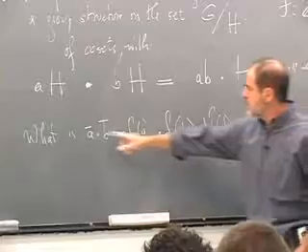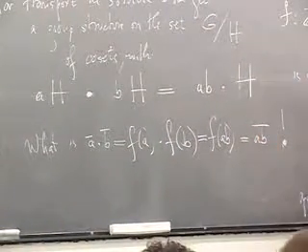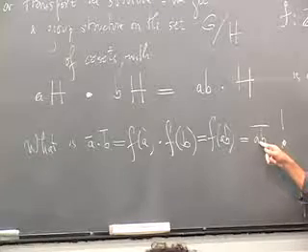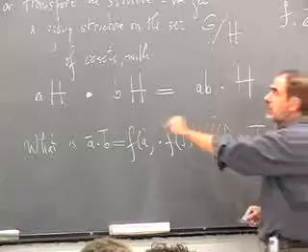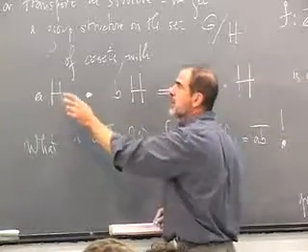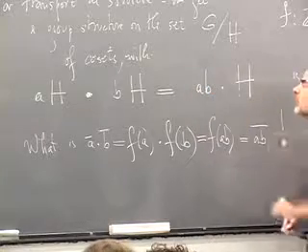So the product of the image element A bar by the image element B bar is the bar of AB, where this multiplication takes place in G. So that's what I mean. So when you want to multiply two cosets, you just take an element A in one of them, you take an element B in the other, you take the product of those elements, and you take its coset.